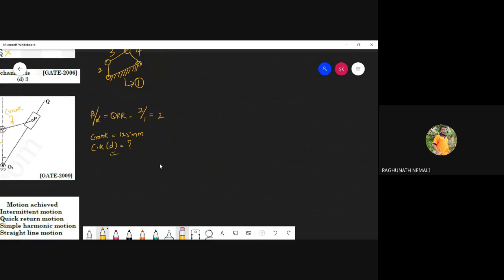So this is my coupler point. This is my slotted bar. This is my crank where the slotted bar is connected.